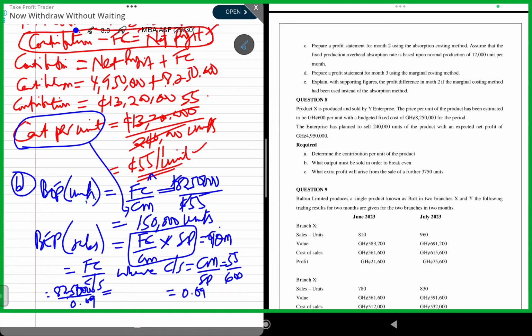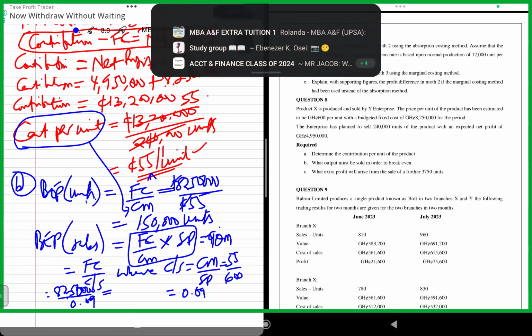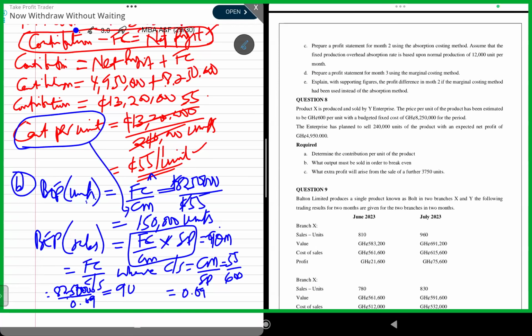Let's be quick. 8,250,000 over 0.09 gives 91.66 million. So it's approximately 90 million, right?